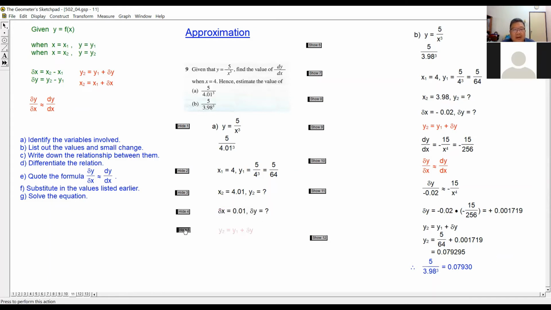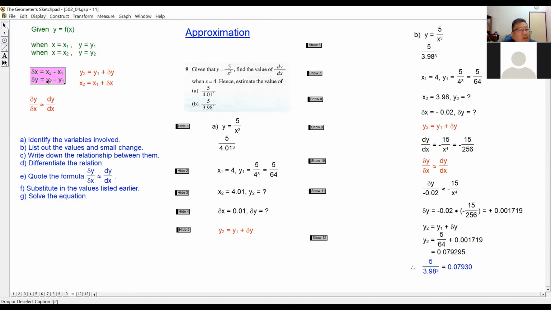Okay. What is the y2? The y2 is the y1 plus delta y. You see, over here you have delta y equals to y2 minus y1.